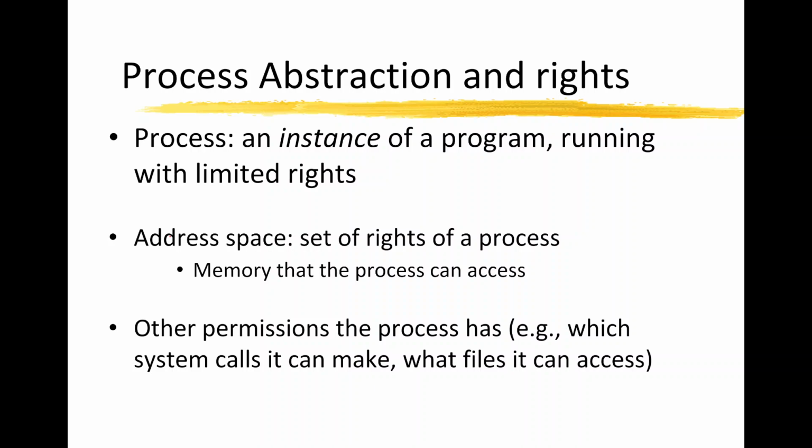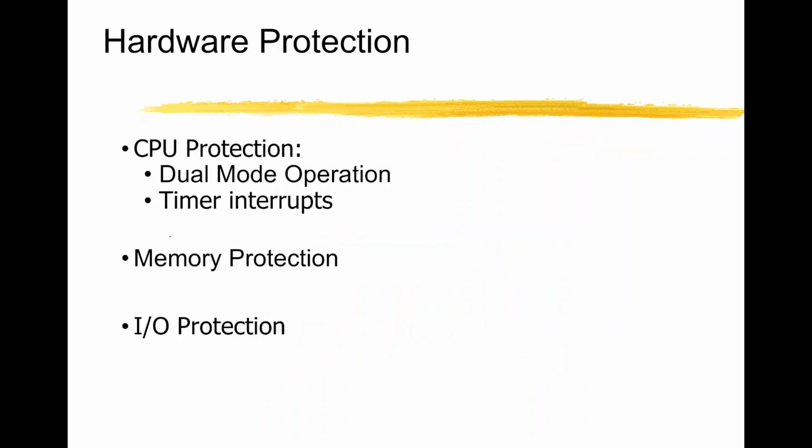And that is part of its process control block. It's always written on the program itself, so it knows where to access. Other permissions the process has are things like system calls. So which system calls can it make? What files can it access? Those are some of the rights that it has.